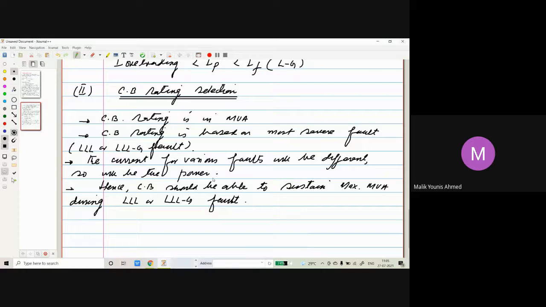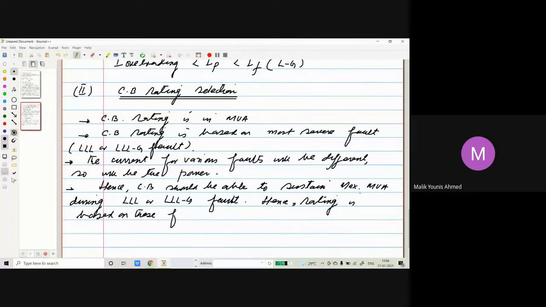So that's why hence the rating is based on these faults.